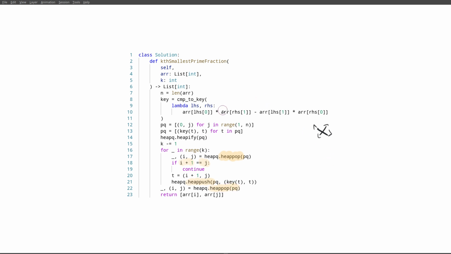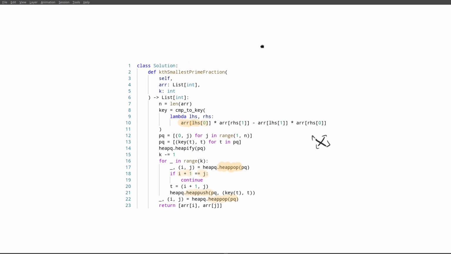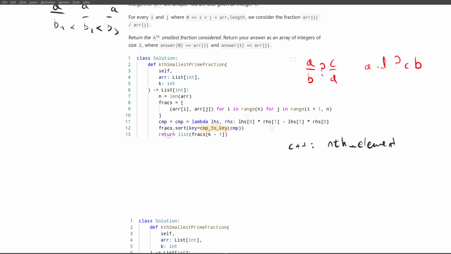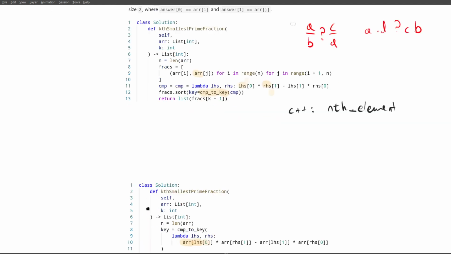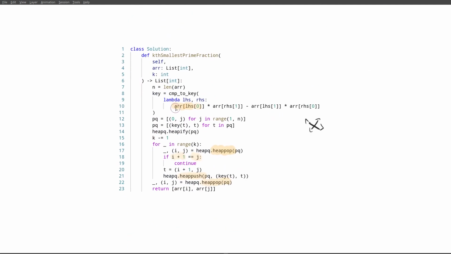And here, when it comes to implementation details, I'll just keep indices, so index 0, index j for the possible later j's. So for comparison, I will put array of left-hand side of 0, not just left-hand side. So this is to show that it's possible to implement it like that, because here I implemented just left-hand side, right-hand side, because those are values, not indices, and here they are indices, not values, so array just goes here.